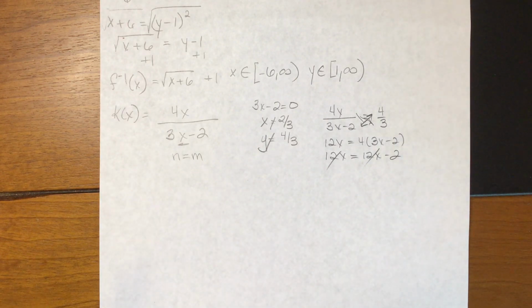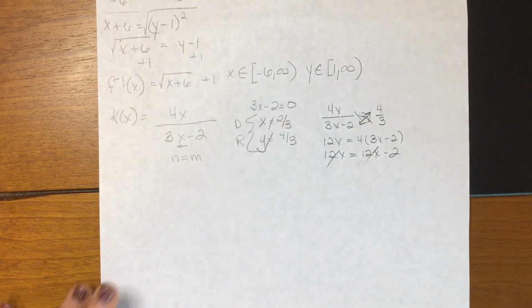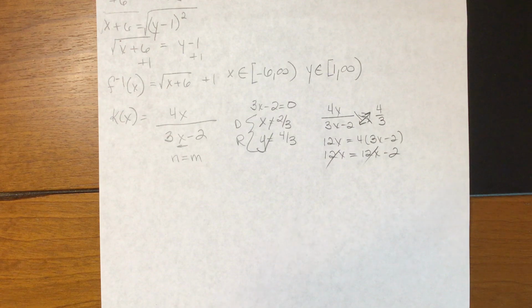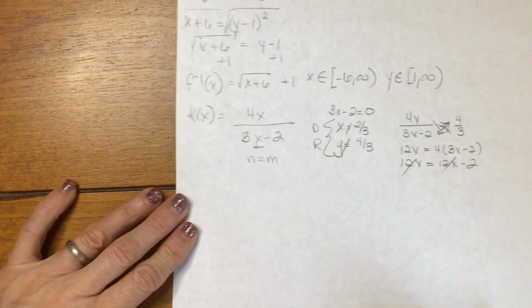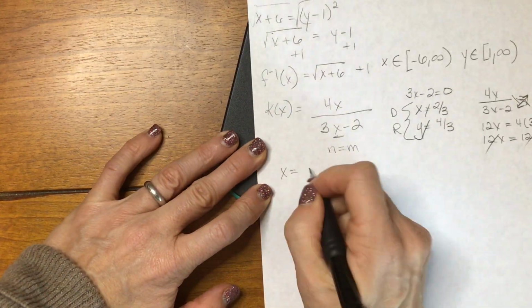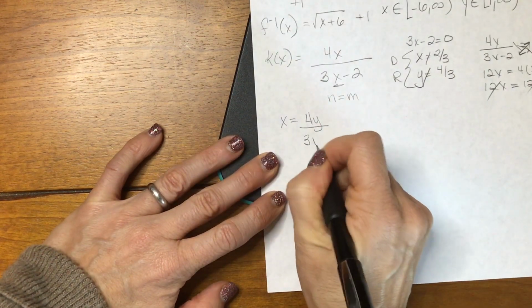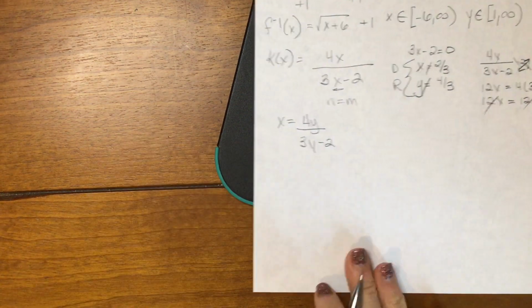So having my original domain and range right here, I should be able to get the opposite when I find my inverse. So step 1 replaces the x's and the y's. So I'm going to get x equals 4y all over 3y minus 2.